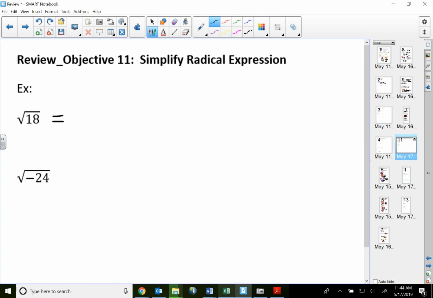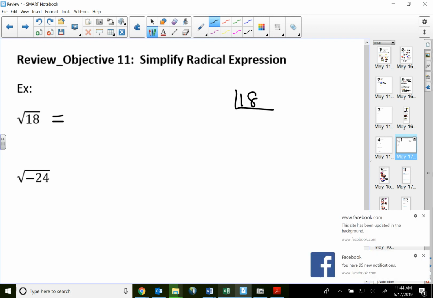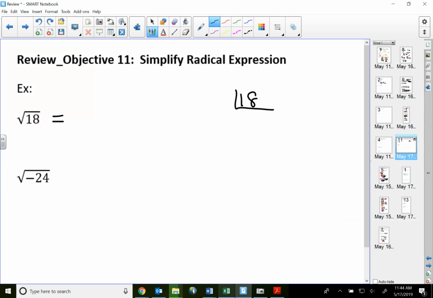There are two key ways to go about doing it. One way is to use prime factorization to break down what you have inside the radical, and make sure it's one term inside the square root or cube root. If I want to break down the 18 using prime factorization, 2 goes into 18 9 times, 2 goes into 9 3 times, and 3 goes into 3 1 time.